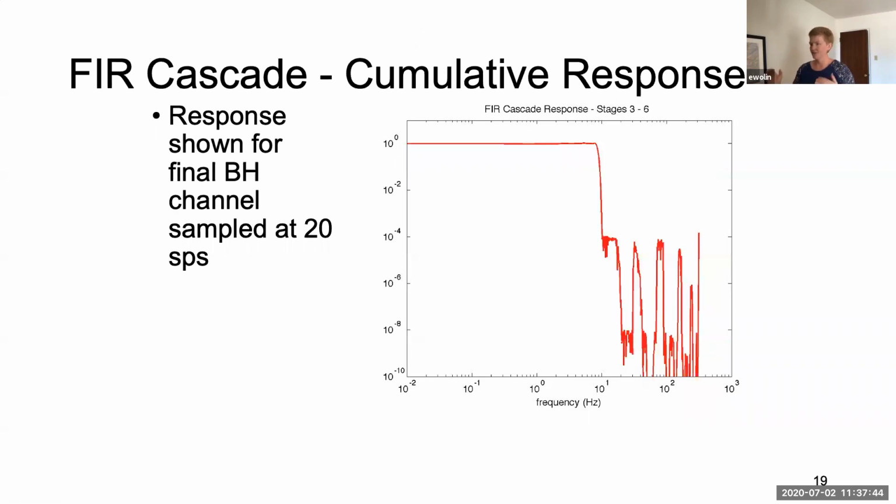All right. So this is the cumulative effect of all of those anti-aliasing filters that are occurring inside the digitizer, right? And if you are looking at a seismic channel sampled at 20 samples per second, you don't want any of those higher frequencies leaking into your data. So the digitizer applies that cascade of filters for you.